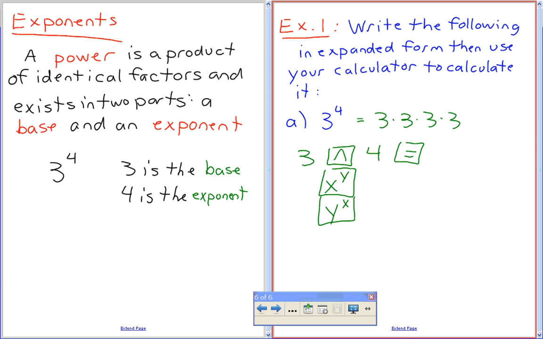Is anyone unable to find a button that looks that way? We're good? Okay, so 3 to the 4, it should end up being 81 is the answer we should be looking for, right? Is anyone unable to get 81? Please raise your hand. That's okay, because we want to make sure you guys can do this, okay?